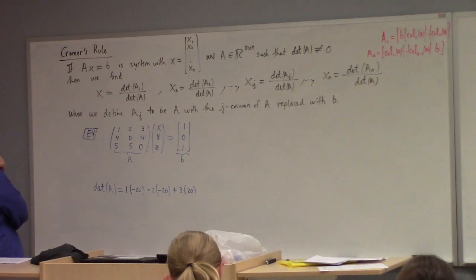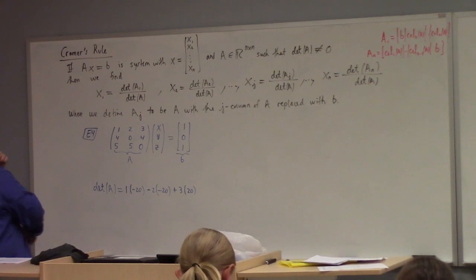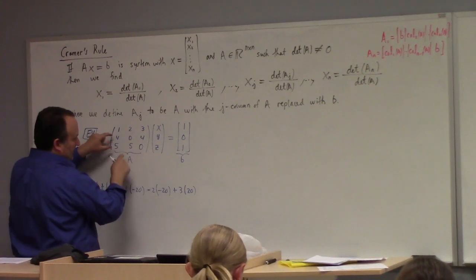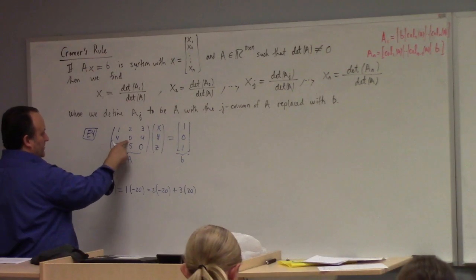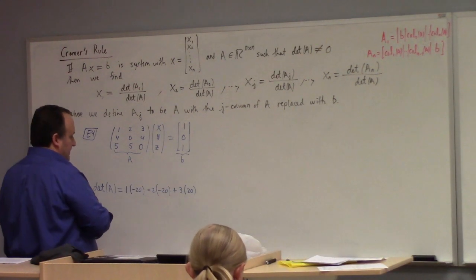For that last one, is it 15? But 3, and then this one is 4 times 5. Minus, there's a 0 here, though. Oh, I see what you're doing. Yeah. I gotcha.